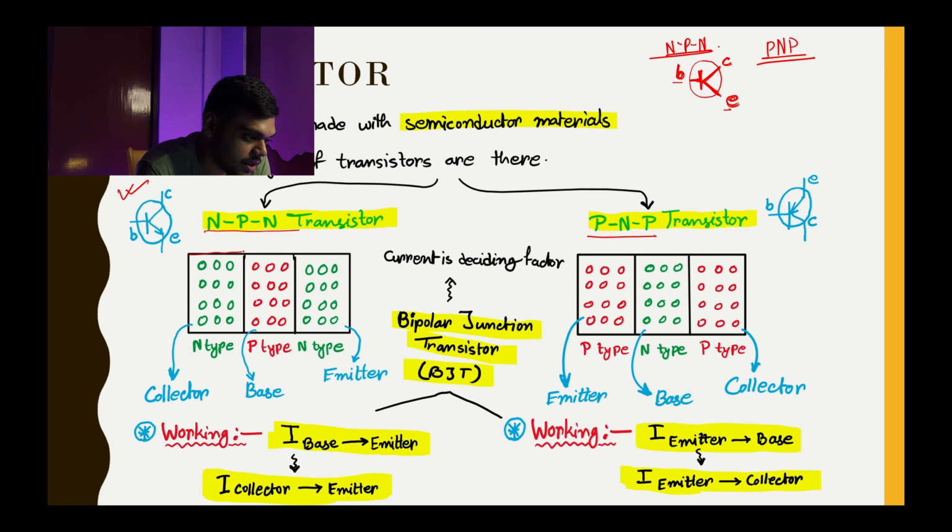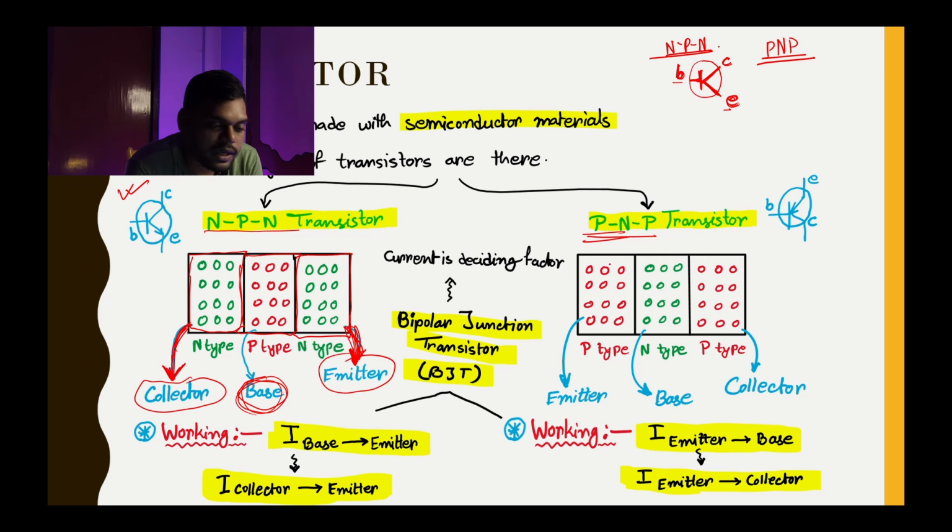So let's have a look at the structure of NPN transistors. It is n-type semiconductor, after that we have p-type semiconductor, and after that we have n-type semiconductor again. At those end semiconductors, like n-type semiconductors, we say one as collector and one as emitter. Okay, and at the middle we have base.